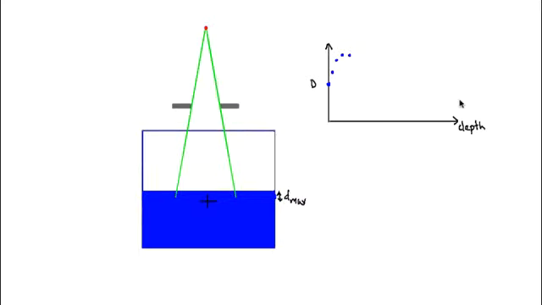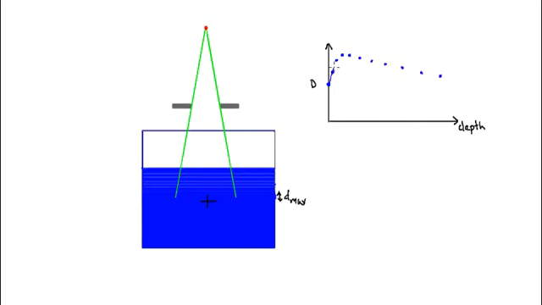But let's keep filling the tank up, right? Keep doing measurements. So fill, measure, okay? And as I fill it up, I'm building up this depth dose curve here, point by point. And now it's falling off because of the attenuation, right? So I can draw a smooth curve through here and connect points, and that's how you actually do the measurement.